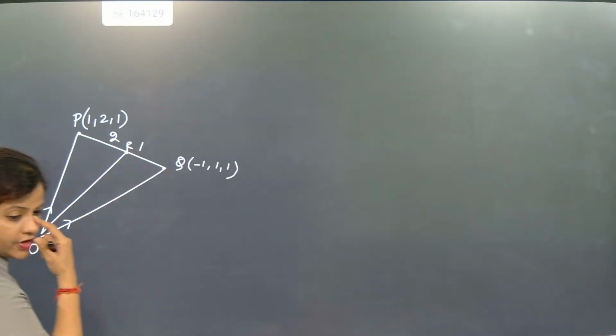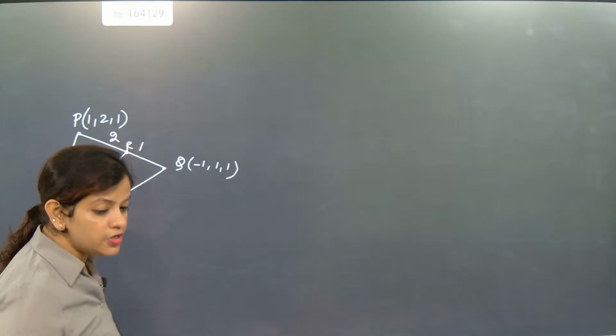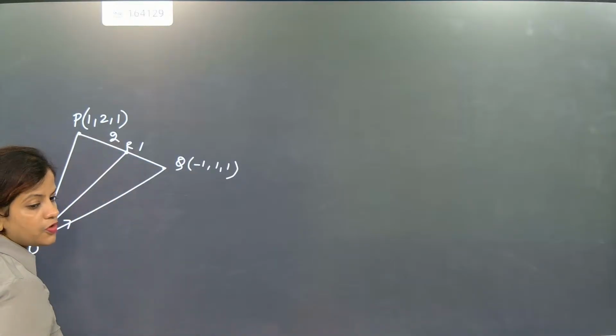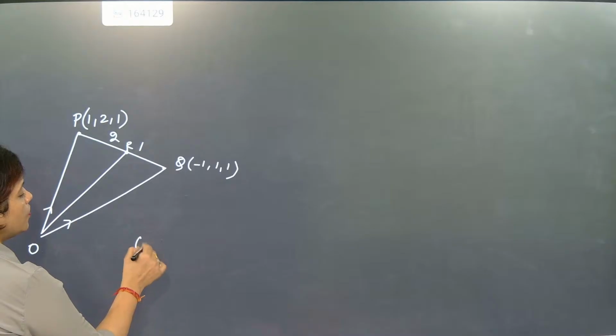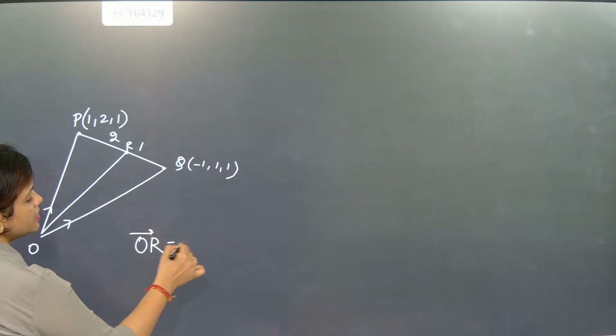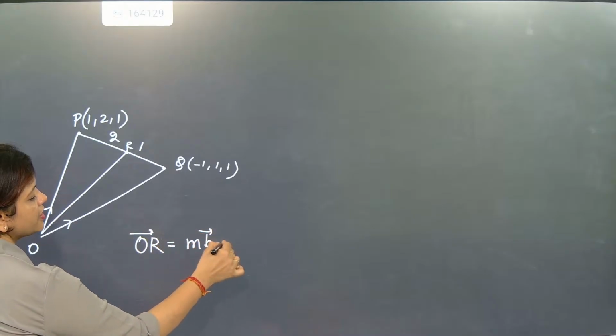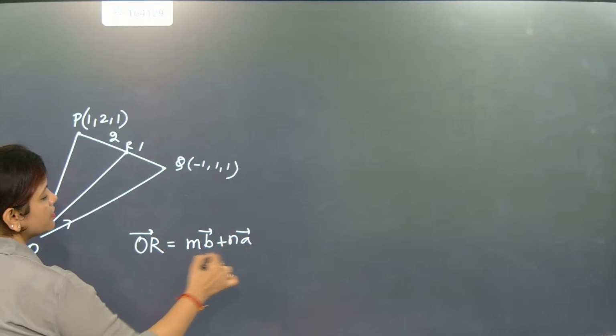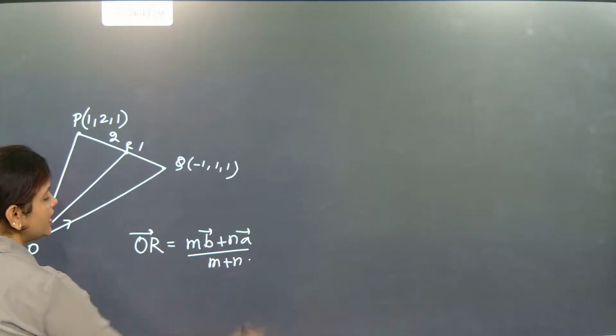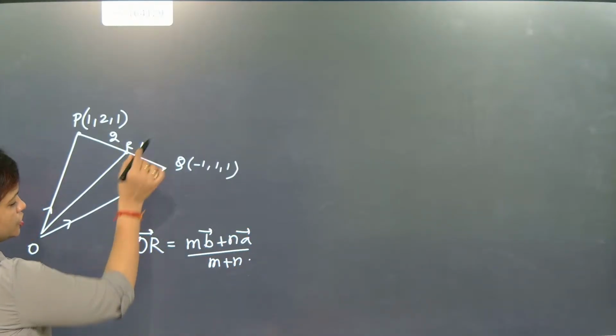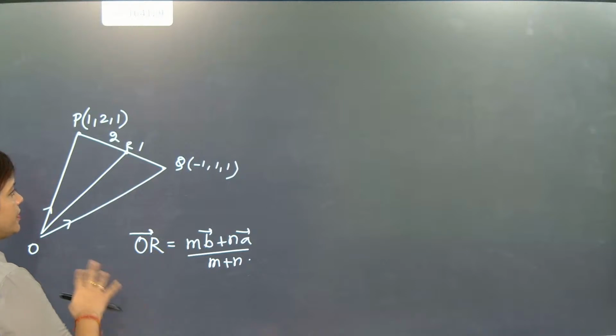Got it? And we have one formula. I have taught the internal section formula. In that, OR vector is equal to M into B vector plus N into A vector by M plus N, where M and N is the ratio. So OR vector will be written like that.